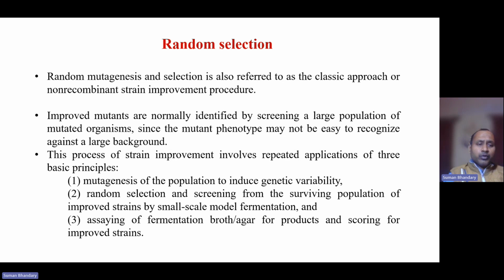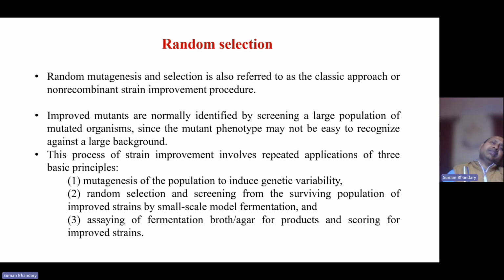Now, this approach of strain improvement involves repeated applications of three basic principles. The first one is mutagenesis of the population to induce genetic variability.